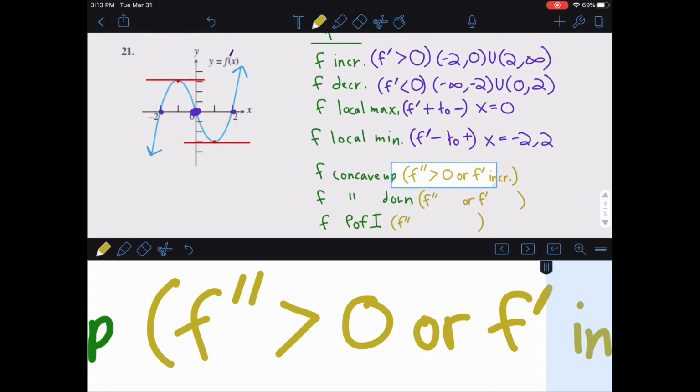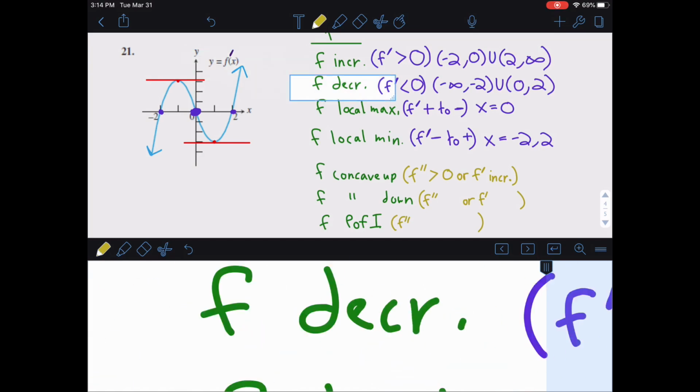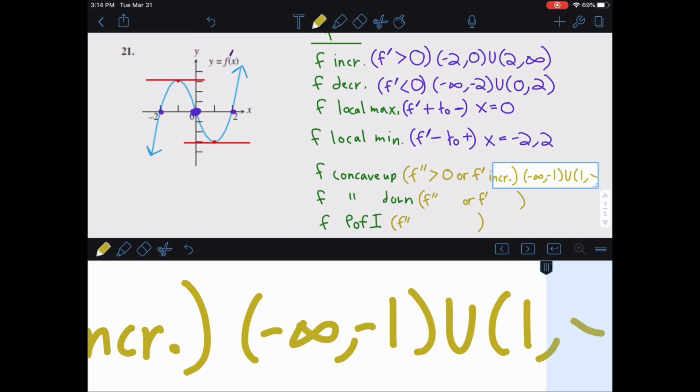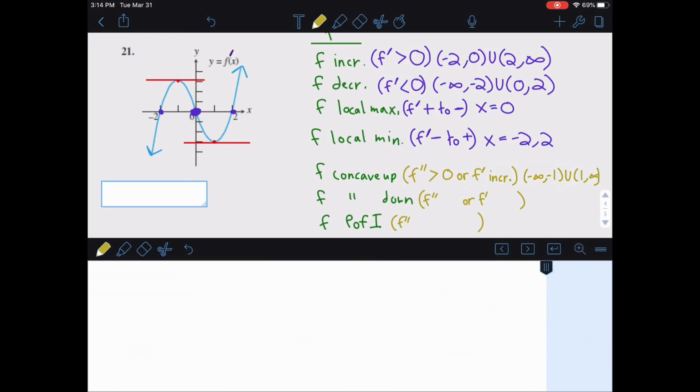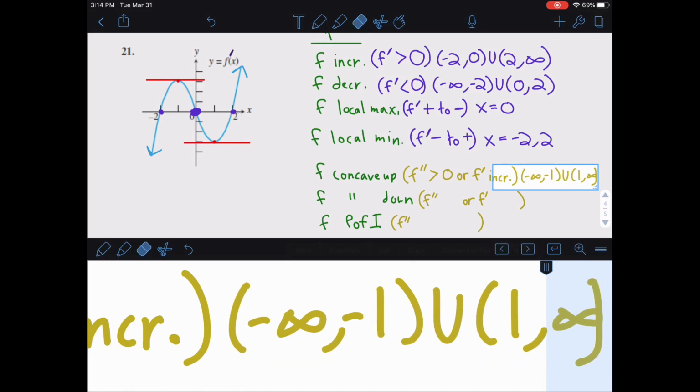So if I'm looking at this graph for f prime of x, where does this graph increase? And you should notice a similar answer here, -infinity to -1 union 1 to infinity. Sorry, that infinity got a little smushed there at the end. There we go.